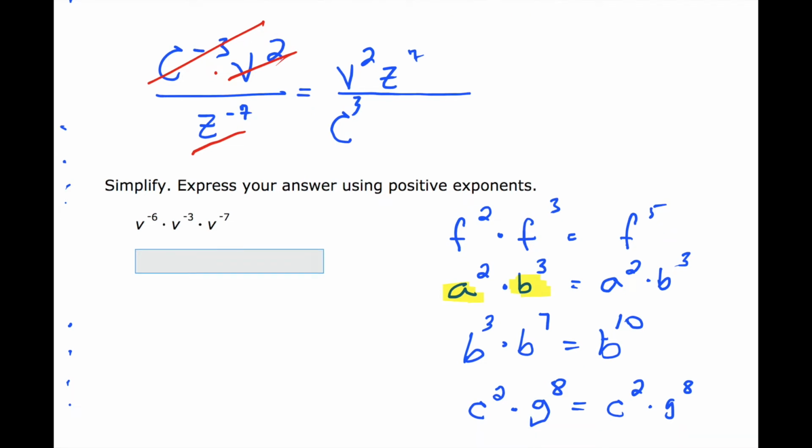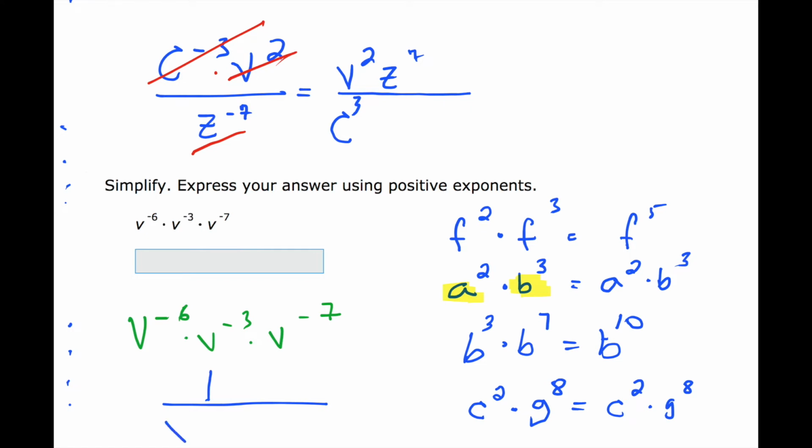Okay, watch this. I need your full attention. V to the negative 6 times V to the negative 3 times V to the negative 7th. First of all, are these guys happy? How do you make them happy? What do you get in the bottom before you multiply them?